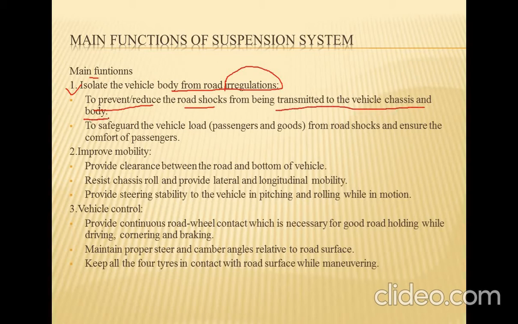This is a very important point: the vehicle's basic parts absorb the road shocks but do not let them transfer to the vehicle chassis and body. It is to safeguard the vehicle load, like passengers and goods kept inside, from road shocks and ensure the comfort of the passenger.